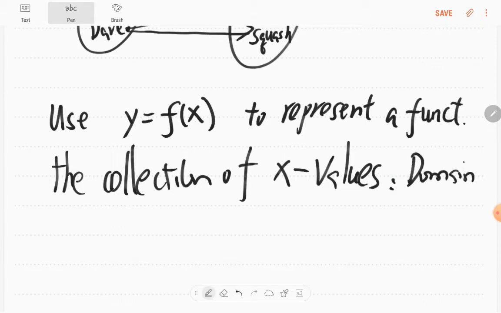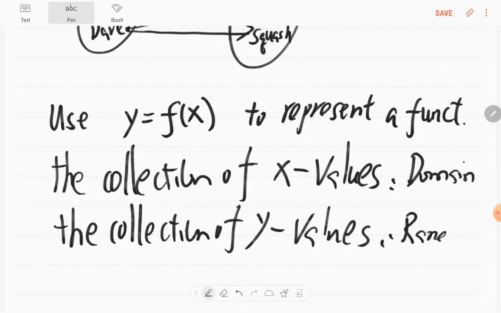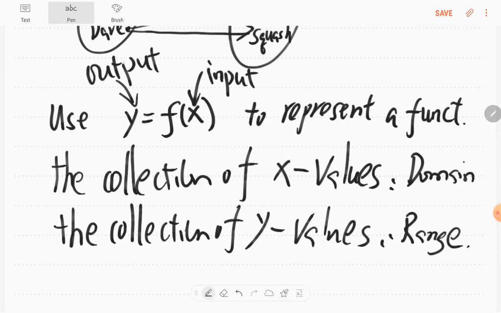For each x, there is one y value that corresponds to it. Then the collection of the y values is called the range. So sometimes x is called the input, and this would be the corresponding output.